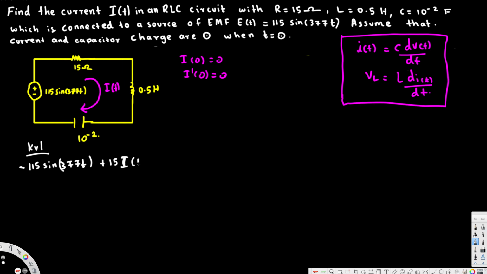Then the current goes through the inductor, and we can replace that with L di of t over dt. L is 0.5, so we can say 0.5 di of t over dt.